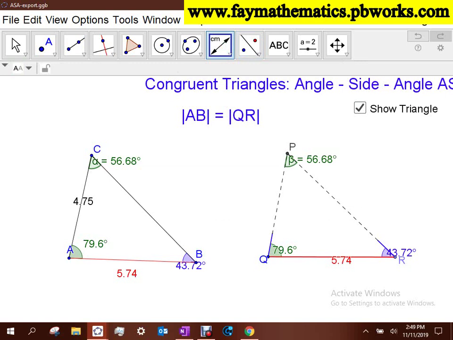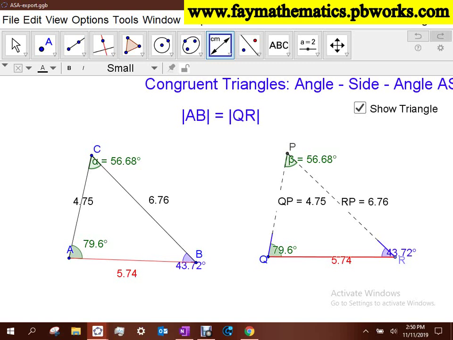It was 4.75. This distance I had no idea about. But once I find this point P, the distance from Q to P is 4.75, and P to R is 6.76. That kind of makes sense, everybody?